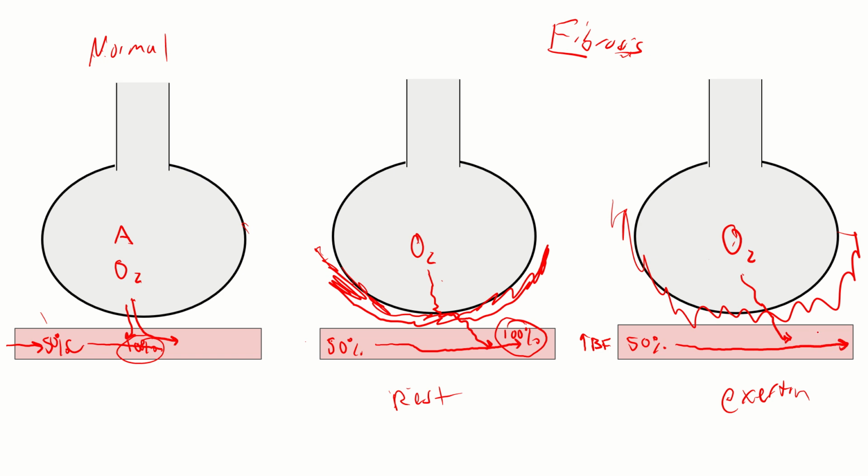There's diffusion limitation by the time they get to the end of the capillary membrane, because they have increased cardiac output and blood is flowing quicker through the capillaries in patients with fibrosis while they're exerting themselves. Maybe with exertion, they actually desaturate and become hypoxic.